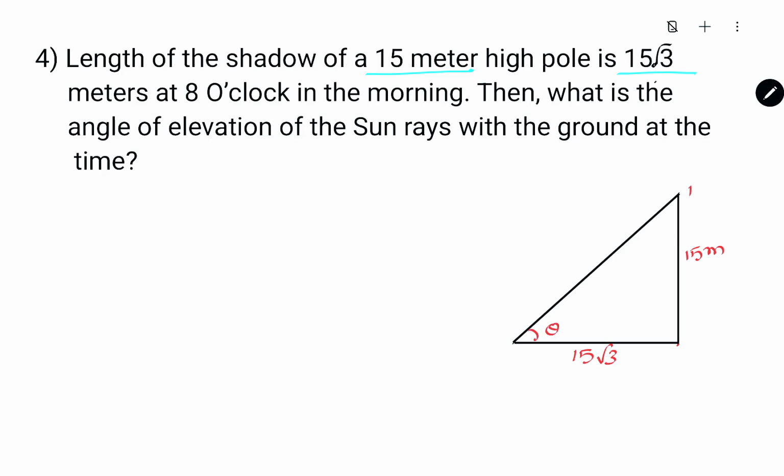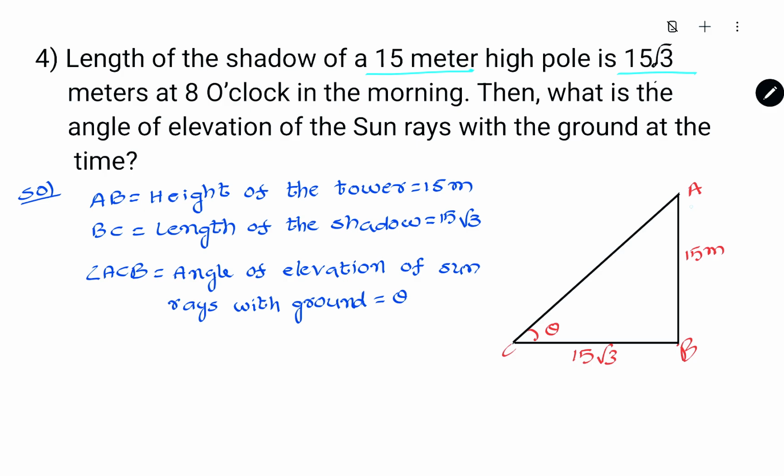We assume these vertices are A, B, C. And now write the given data. AB, height of the tower, is 15 meters. BC, length of the shadow, is 15 root 3 meters. And angle ACB, the angle of elevation of sun rays with the ground, is theta.